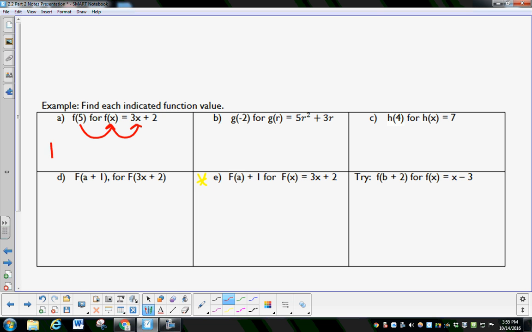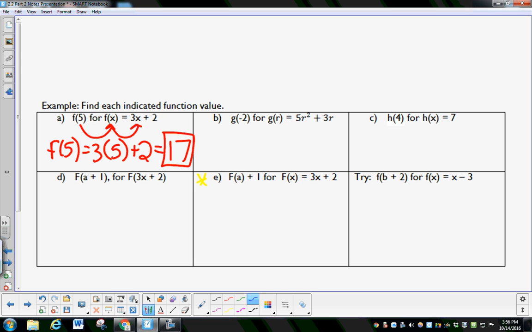So f of 5 equals 3 times 5 plus 2. And 3 times 5 is 15, plus 2 is 17. So the value of f when x is 5 is 17. That's our output when the input is 5.